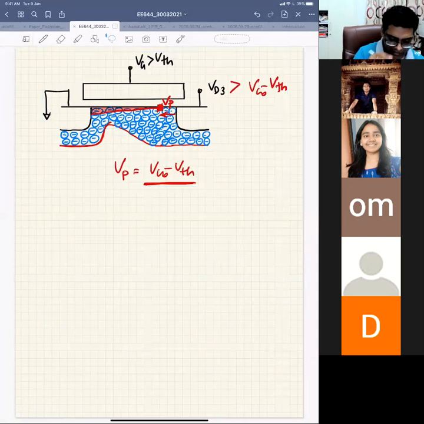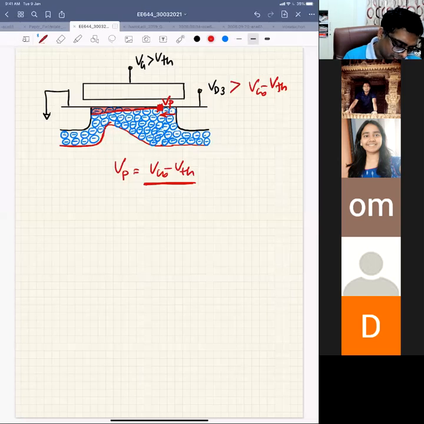So if I take this, what is the average? Basically, this is my 0, because y equal to 0 here, and y equal to L here. So this is 0, this is L, and this is the pinch off point.